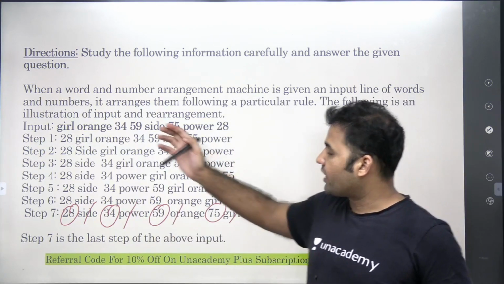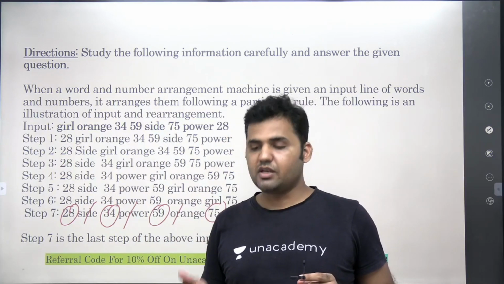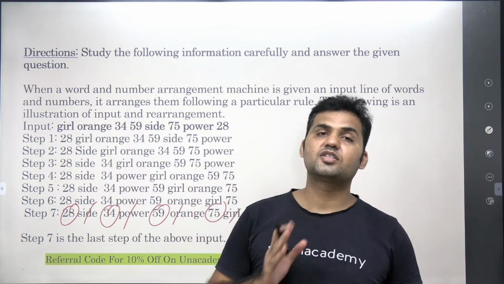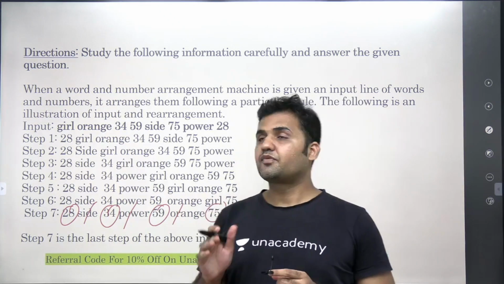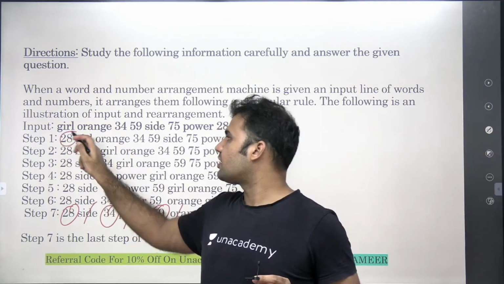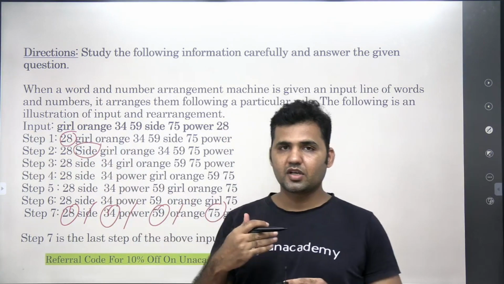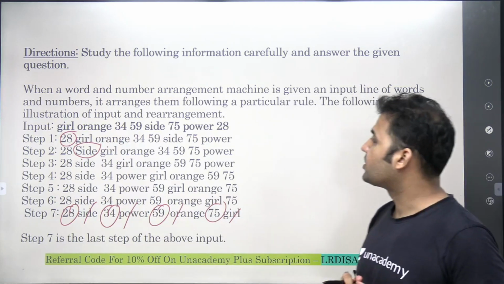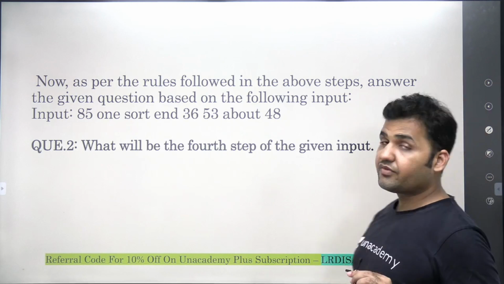And what are the rules? In one step only one element will move. Where will that element move? On the left hand side. All the elements are supposed to be moved on the left hand side. In step 1, the smallest number will be moved. In step 2, the largest alphabet will be moved. So this will continue.